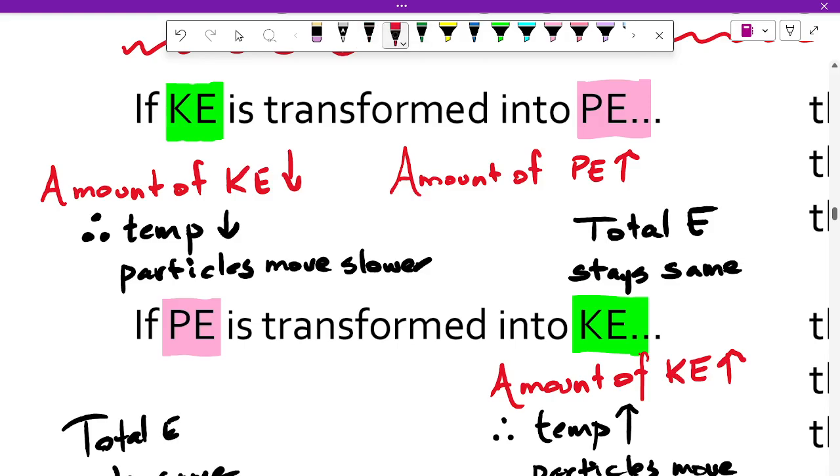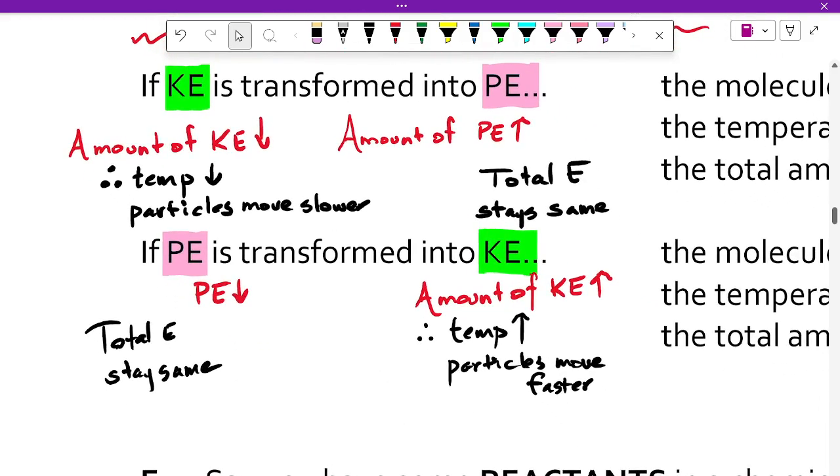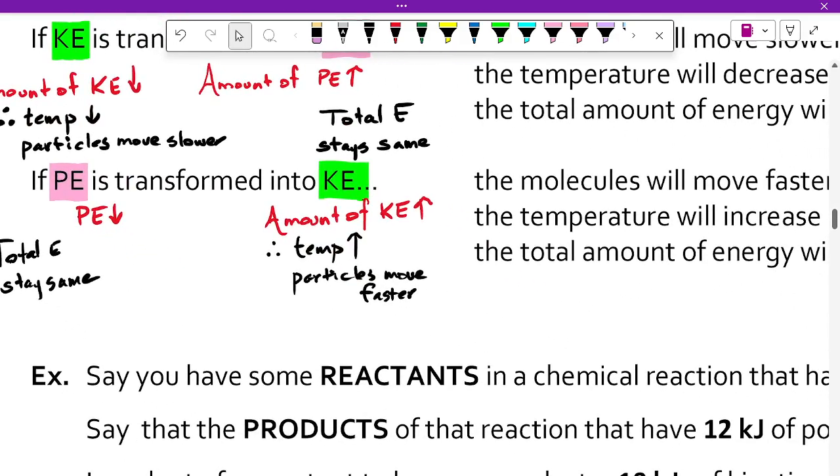And the potential energy, what happens to our amount of potential energy? Our potential energy decreases. So let's say that we have some reactants in a chemical reaction, okay?